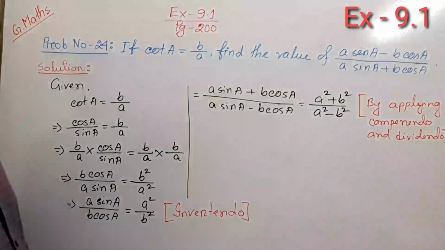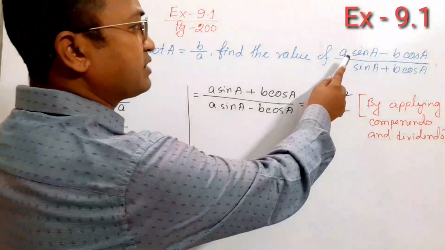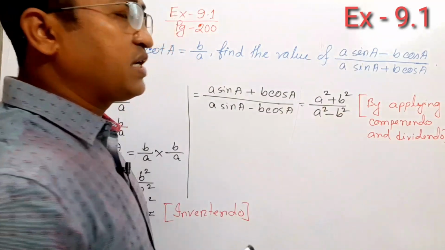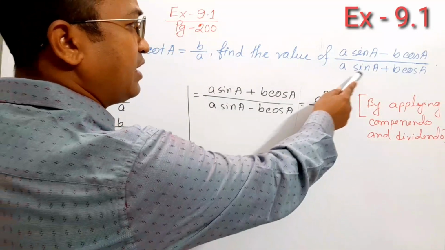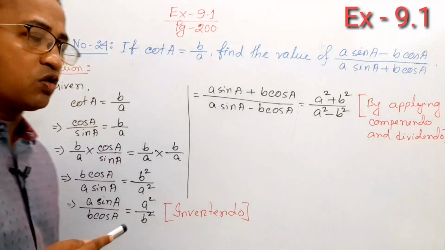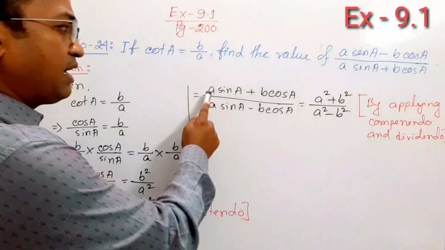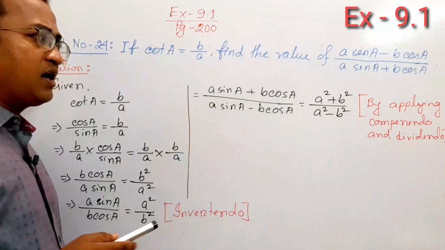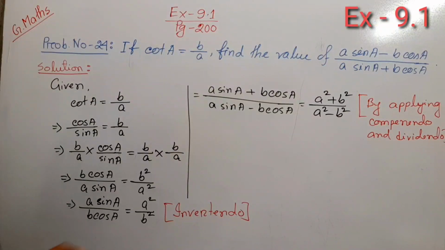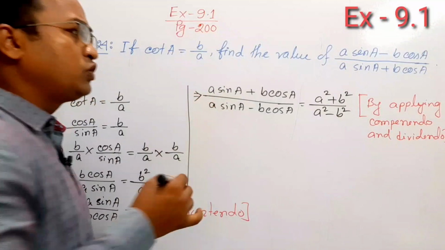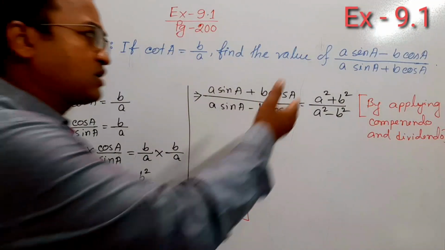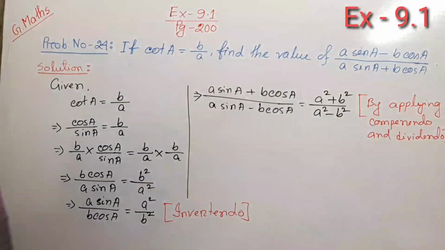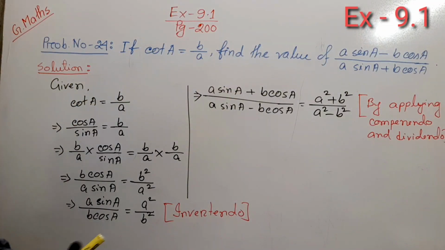Now look at the question again. In the question, it is a sin A minus b cos A as the numerator and a sin A plus b cos A as the denominator. But in this line, a sin A plus b cos A is the numerator and a sin A minus b cos A is the denominator. So what should we do to get our actual term? We should take invertendo again.